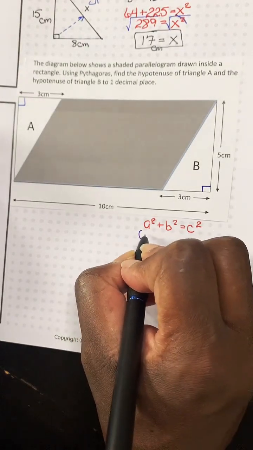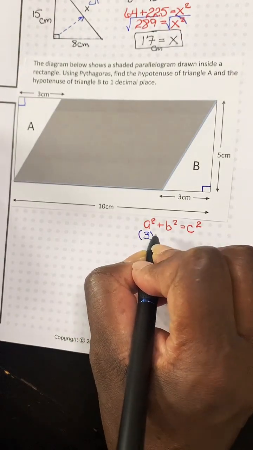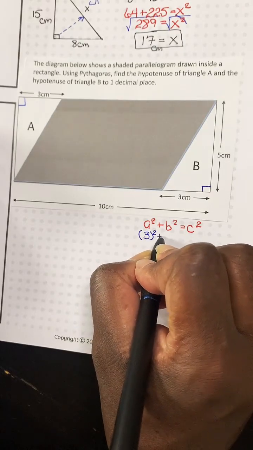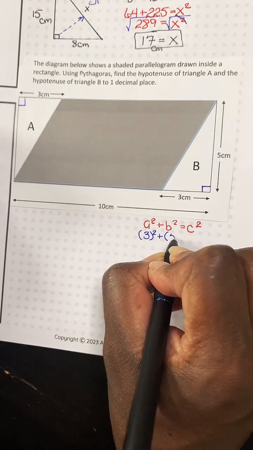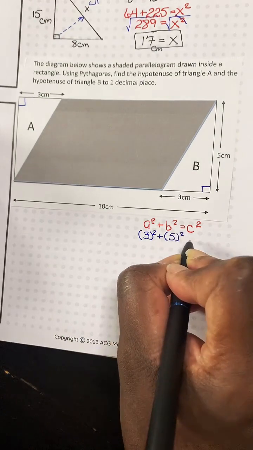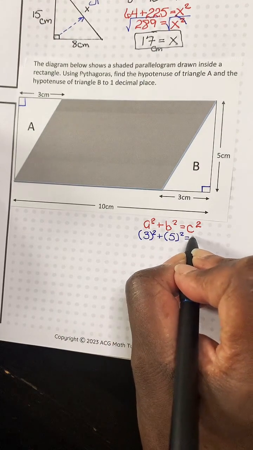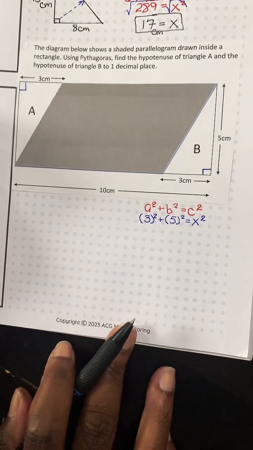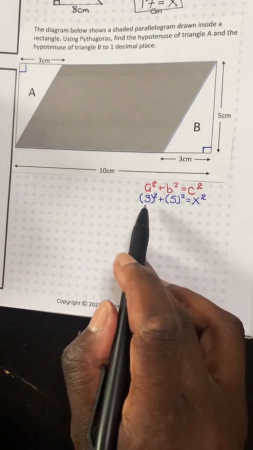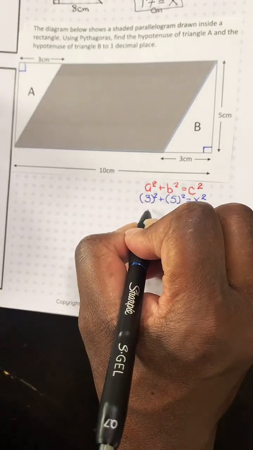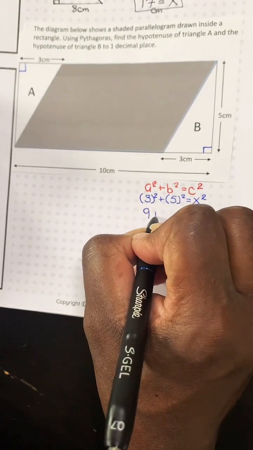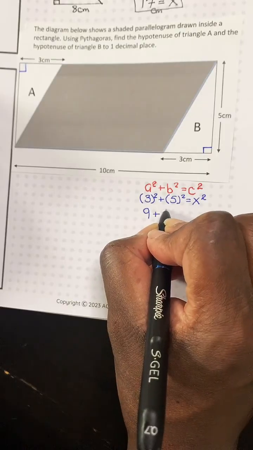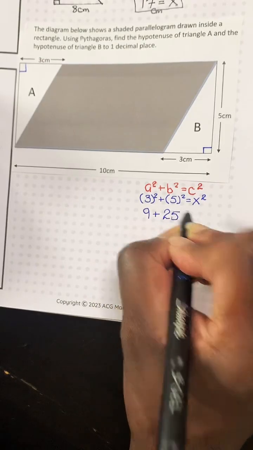So my 3 is going to represent my A, and my 5 is going to represent my B. And we are looking for the C, the hypotenuse. So 3 squared gives me 9. 5 squared gives me 25.